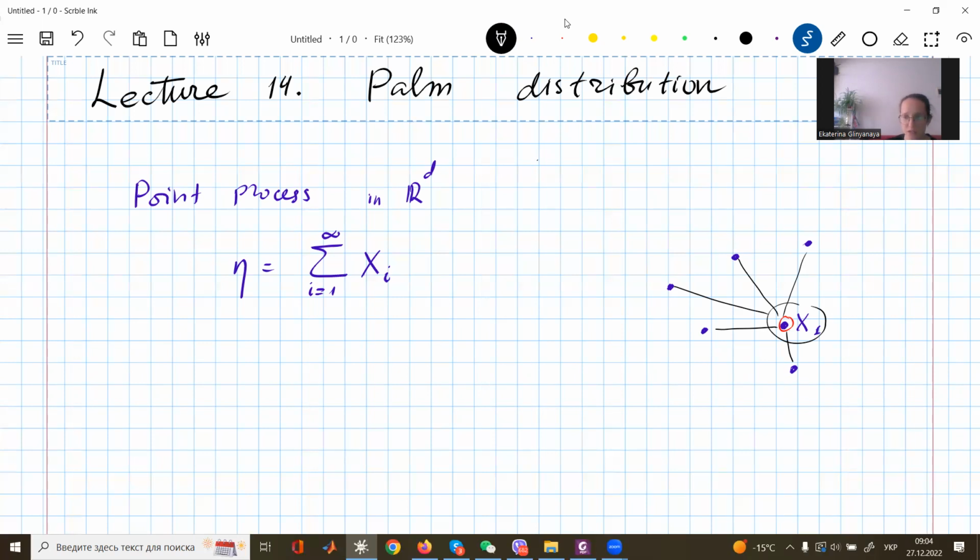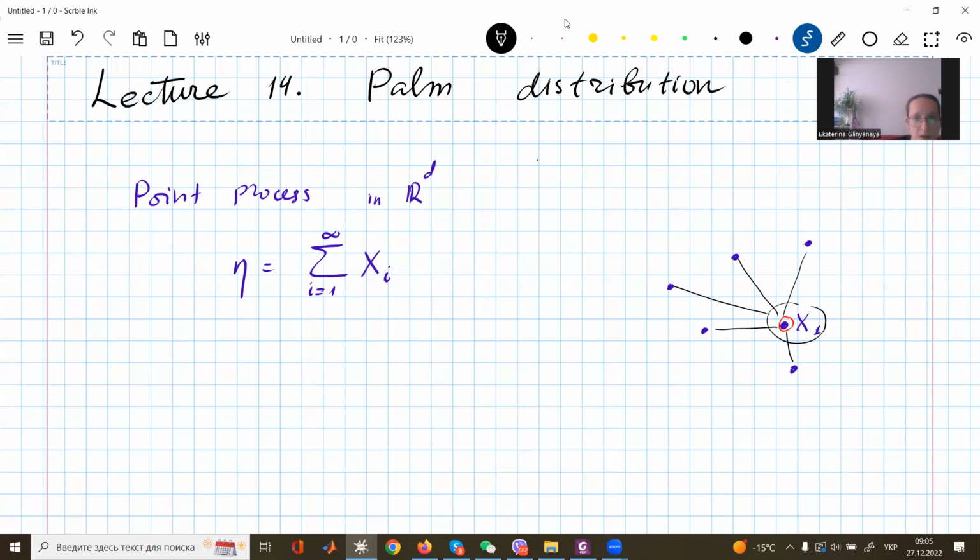And moreover, we do not know the exact position of the random point itself.